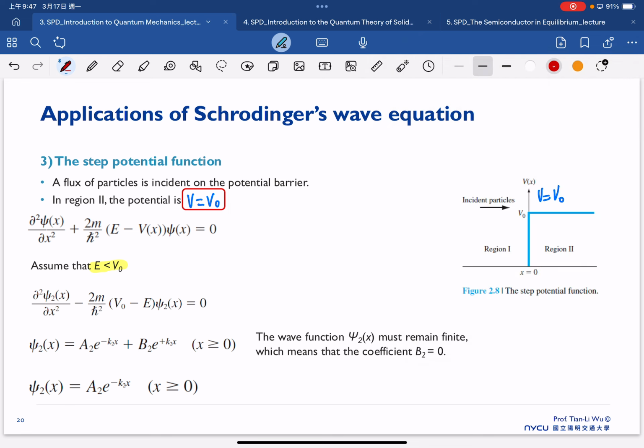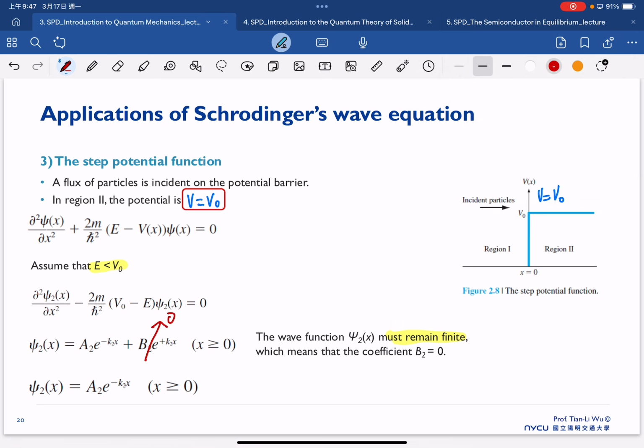Because this is B2 exponential positive k2x. If B2 is not equal to 0, this term will approach infinity, which doesn't make sense. So B2 must be 0.